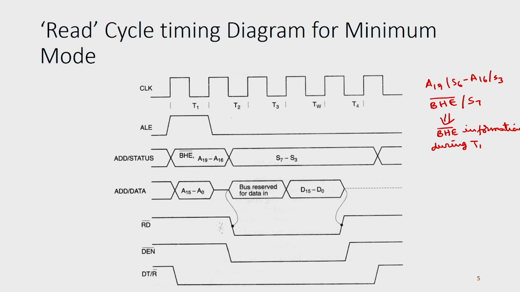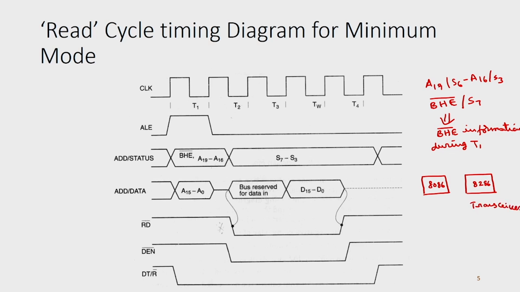There are 2 more signals called read bar, DEN bar, and DT by R bar. In order to read data from external devices, the microprocessor can read data from an external device such as a transceiver. There is one device called 8286, which is a transceiver.